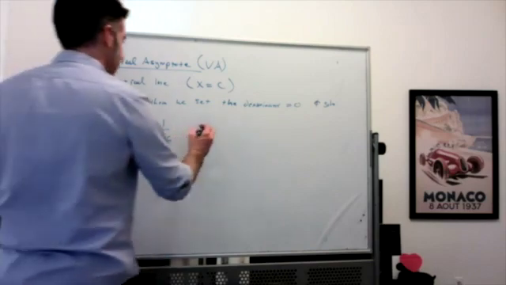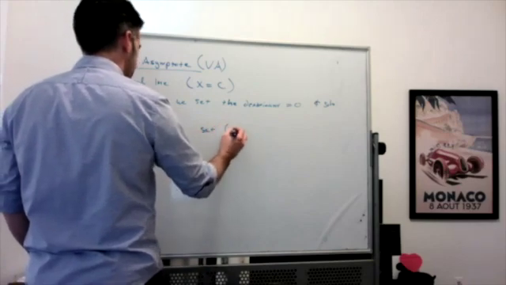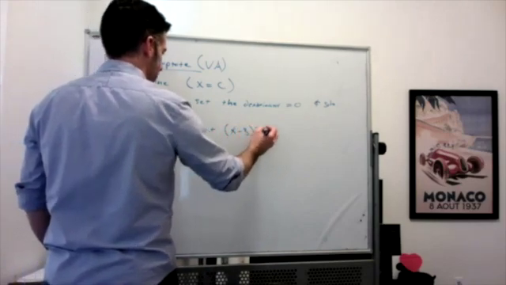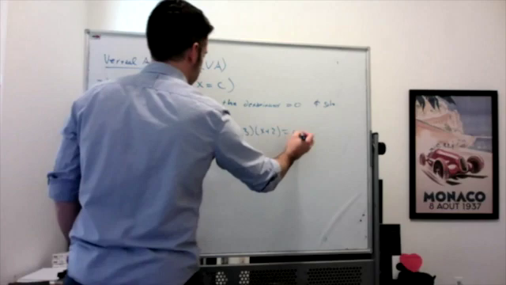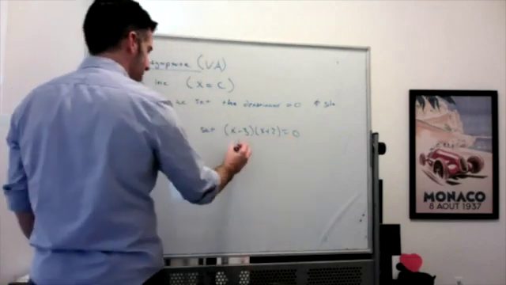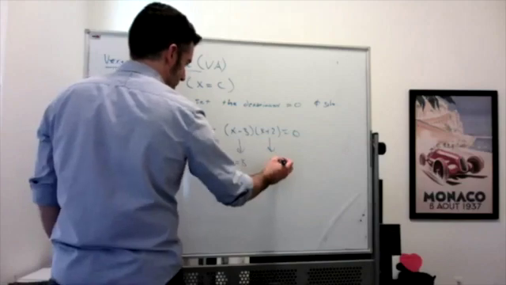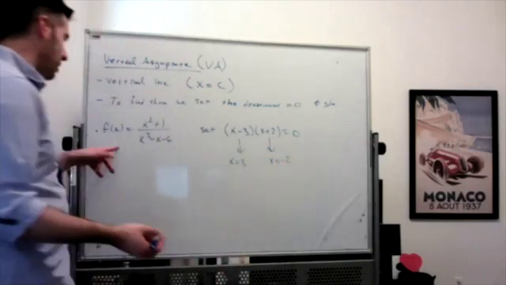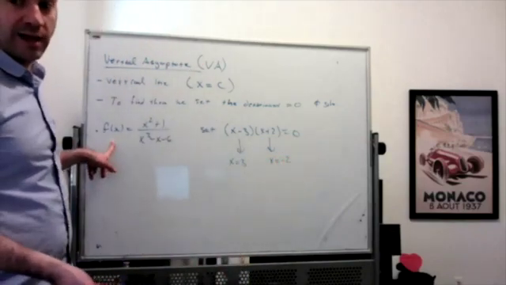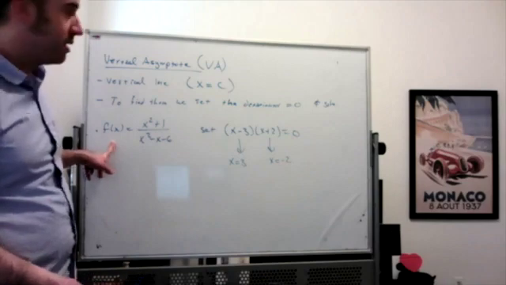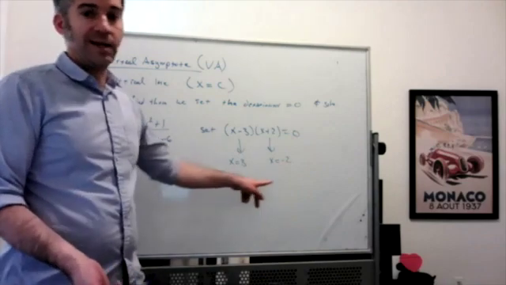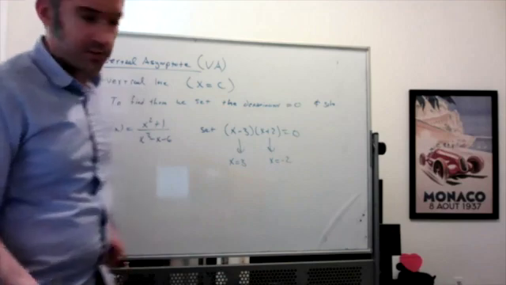So we're going to set the denominator, x minus 3 times x plus 2, equal to 0. And then we're going to get x equal to 3 and x equal to negative 2. So this rational function has a vertical asymptote at x equals 3 and at x equals negative 2.